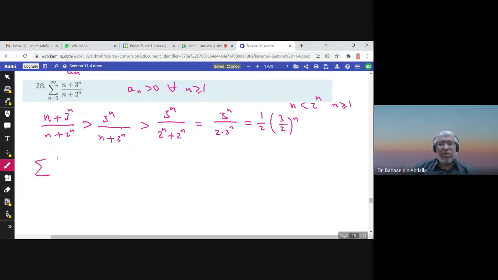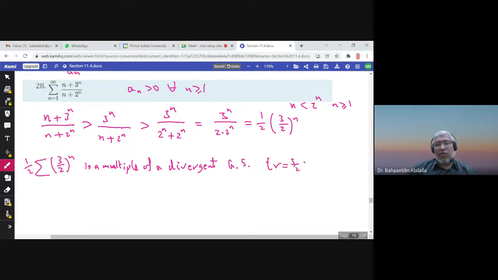Notice that summation (3 over 2) to the power n, or even if you multiply by half, is a multiple of a divergent geometric series because r, which is 3 over 2, is greater than 1.